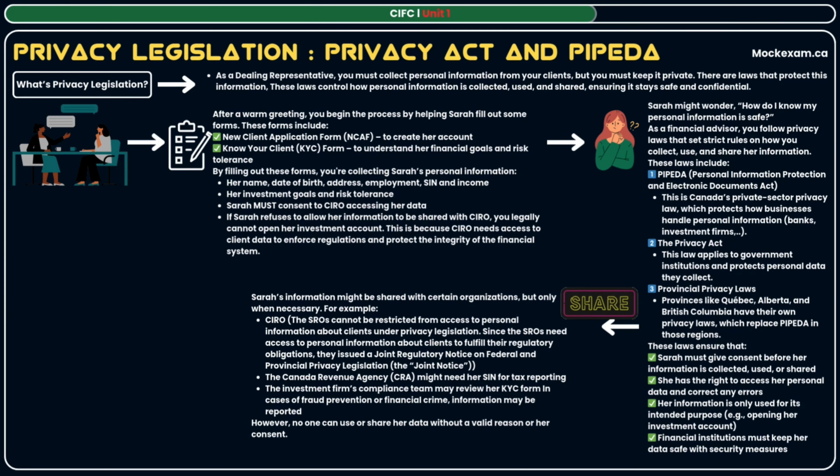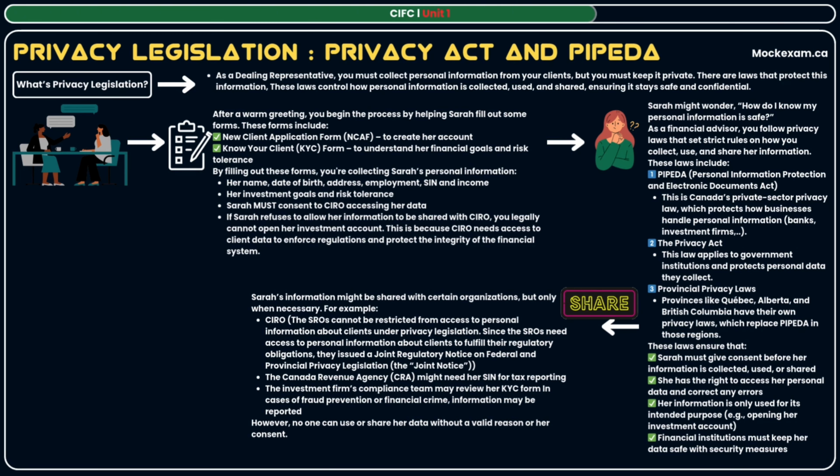Sarah's information may be shared with the SROs, with the CRA, with the investment firm's compliance team, but remember that no one can use or share a client's data, in our case Sarah's data, without a valid reason or her consent. There should be a reason to access her information. They cannot just access it without any valid reason.